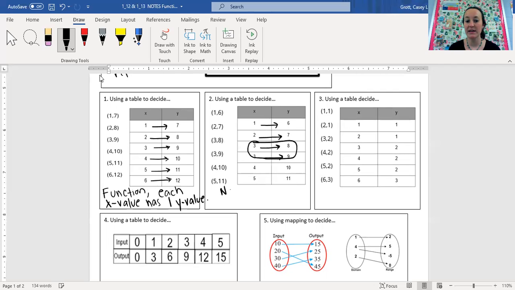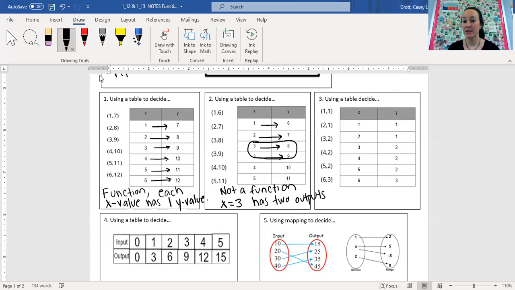This is not a function. But again, we're going to explain. So this is not a function. X equals 3 has 2 outputs. This is what we're looking for. Does each X value only go to one Y value? If it goes to 2 different Y values, it's not a function.